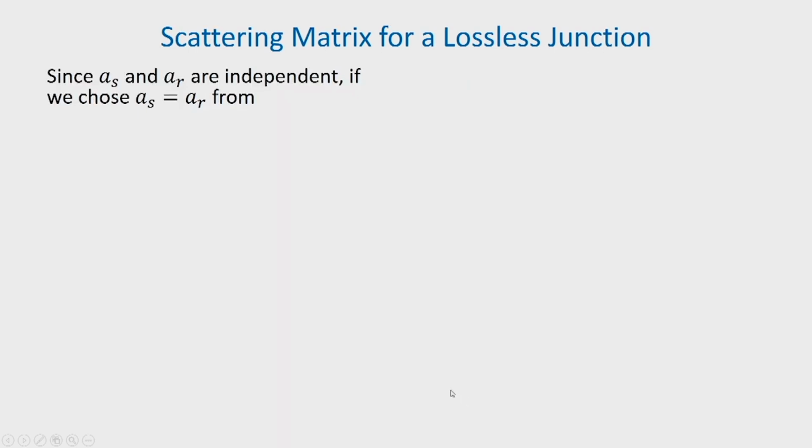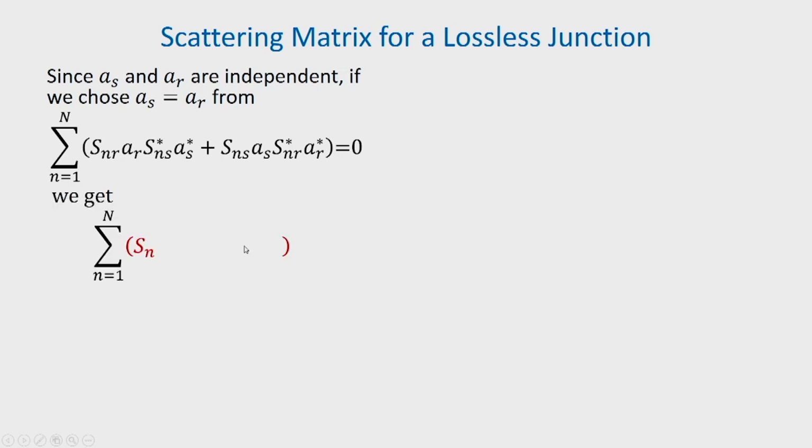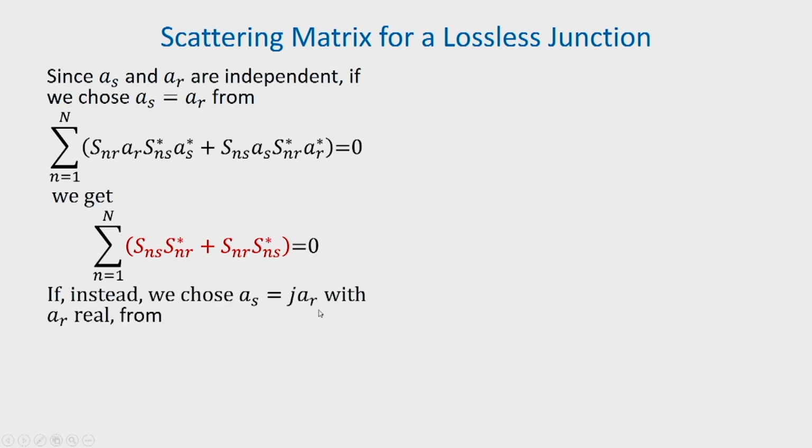Now, since A S and A R are independent, if we choose A S equal to A R, then in this equation we get summation of S n S into S n R conjugate plus S n R into S n S conjugate is equal to 0.